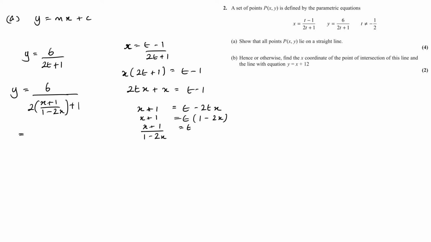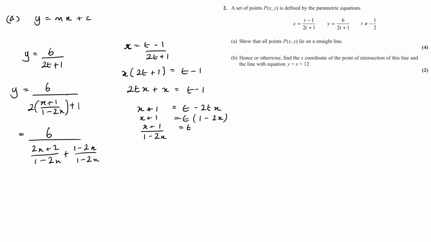So let's go ahead and expand, and we get 2x plus 2 over 1 minus 2x plus, and then I want to make this an equivalent fraction, so I'll be able to combine it with this bottom fraction here. So this is going to be 1 minus 2x over 1 minus 2x, because that would still be 1.